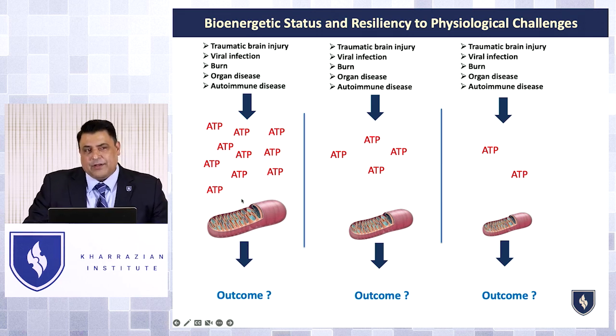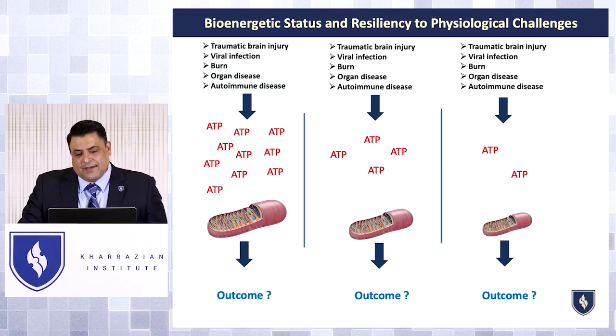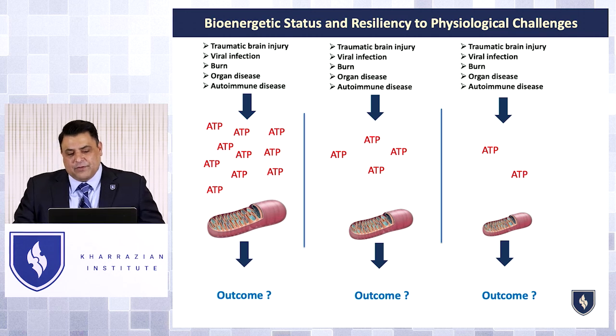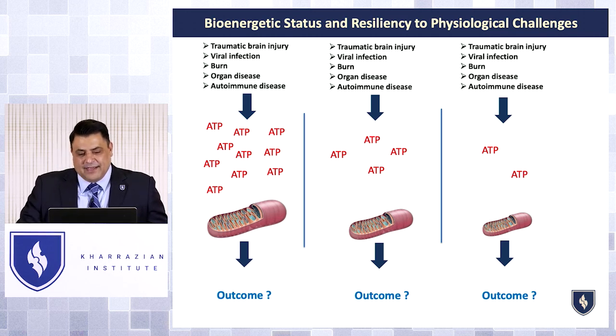So when you look at all the different types of resiliency, they all fundamentally have to do somewhat with ATP production and how cells can function with their energy demands. So exercise, without question, is probably the most effective way to increase mitochondrial biogenesis. And it does this in all tissues.